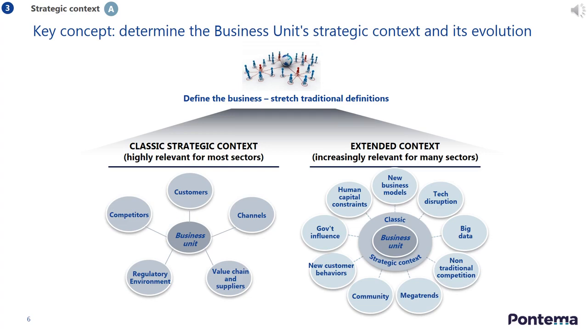These factors will influence the development and performance of a business unit. But to take your thinking to the next level, you need to stretch the traditional definitions and consider factors such as new technological disruptions, evolving customer behavior, and the impact of non-traditional competitors. Let's look at an example.